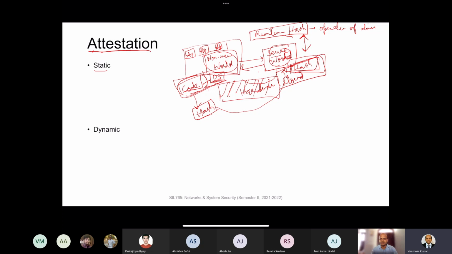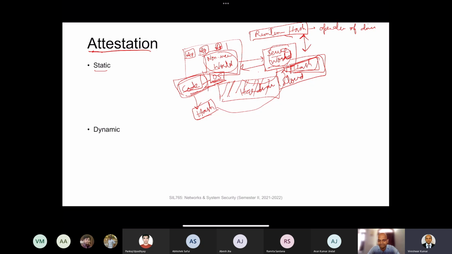During the runtime, when the user is actually working on that OS, at any time, if the secure world wants to trigger this process of attestation, it can trigger that. And once it does, all the memory will be read, the hash will be computed, and it will be compared with the stored hash.